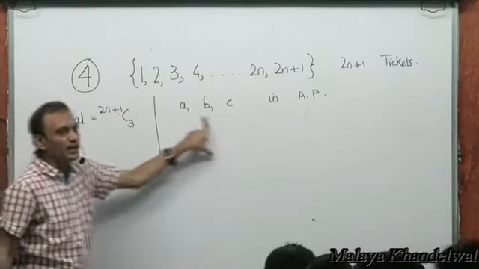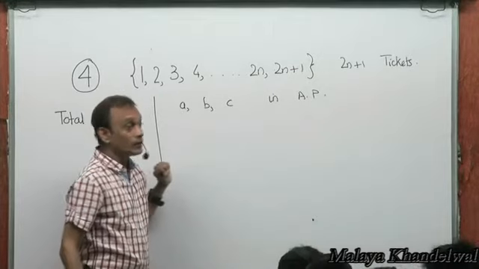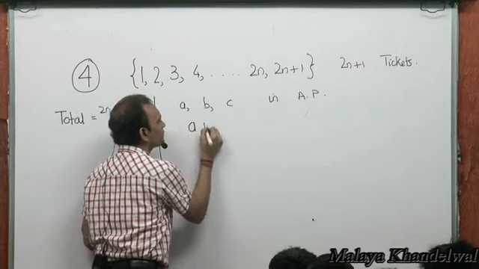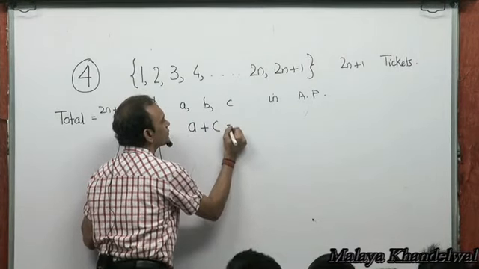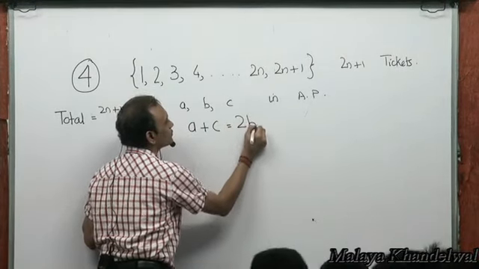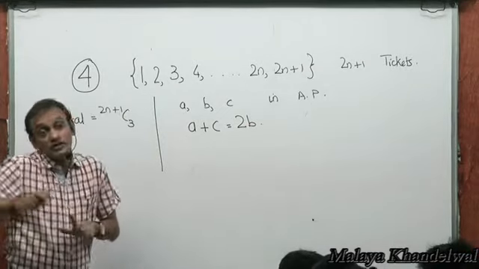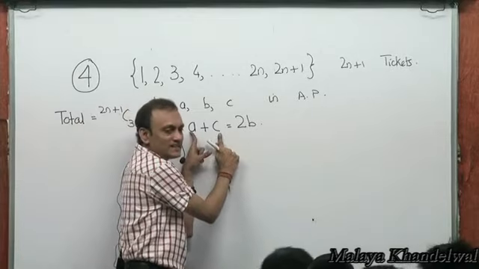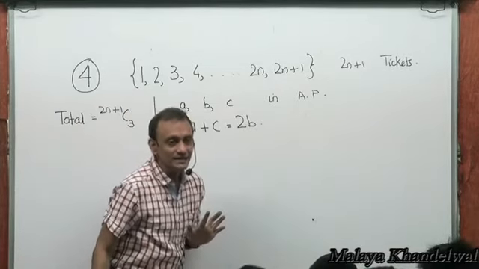Now, if A, B, C are in AP, then A plus C must be 2B. So you don't have to select 3, you need to select only 2. Because if you have selected A and C, then B gets automatically selected.